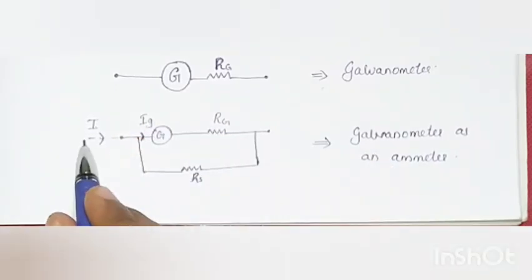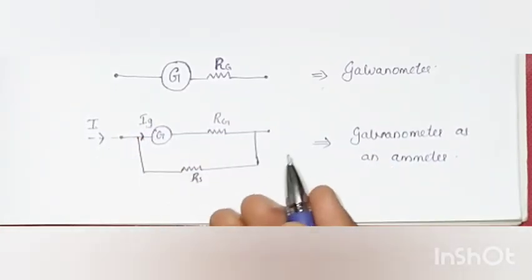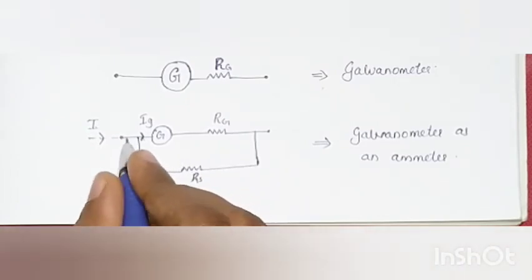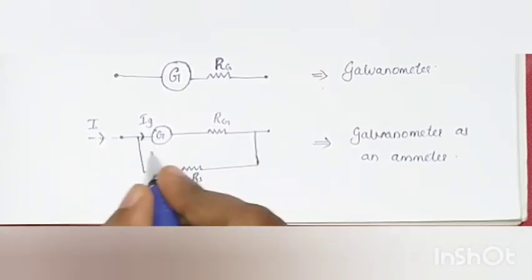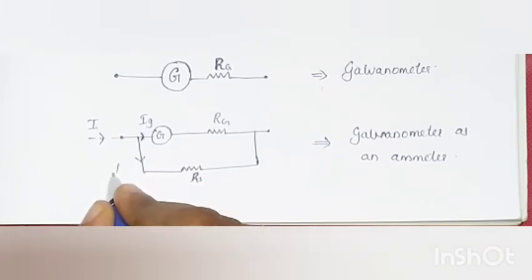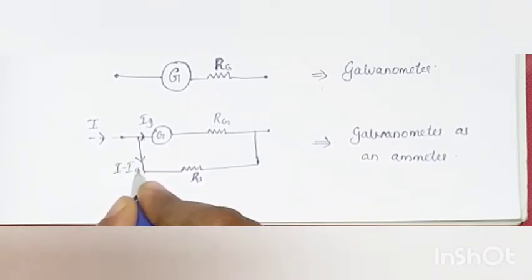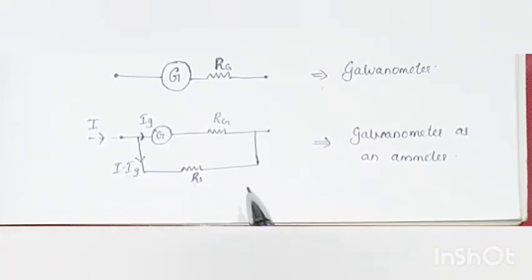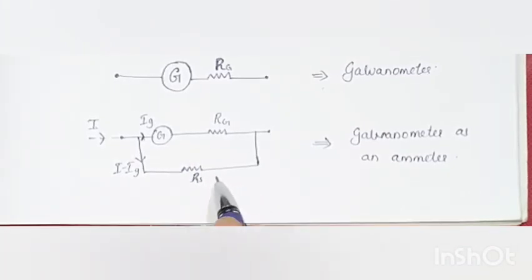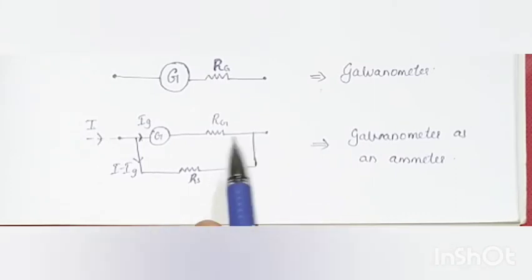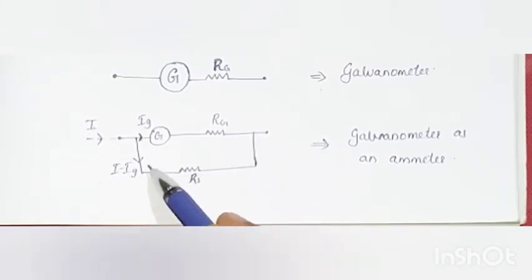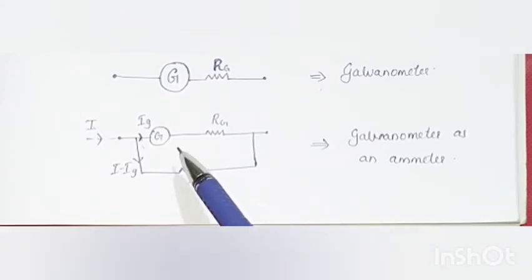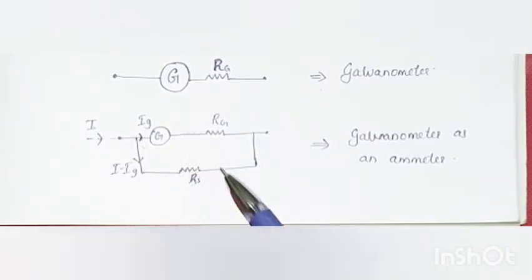Then if we pass a current I which is greater than Ig, the excess current, that is I minus Ig, will be passed through this small resistance. Since Rs is a very small resistance, it can pass high current through it. So the excess current, which is I minus Ig, will be passed through the shunt resistance. Thus it will prevent the damaging of our galvanometer due to excess current.